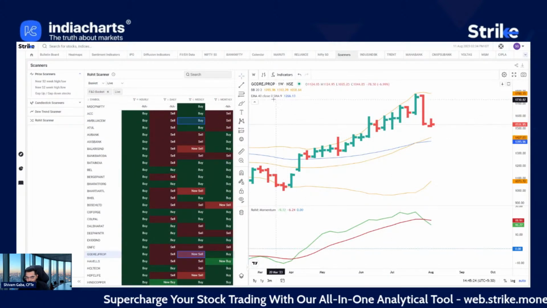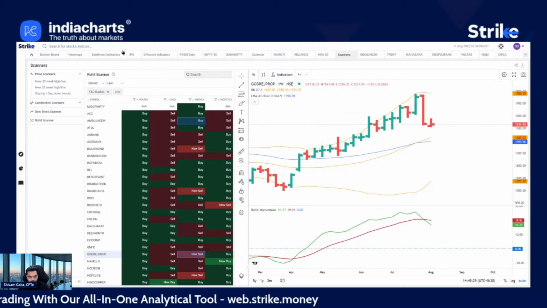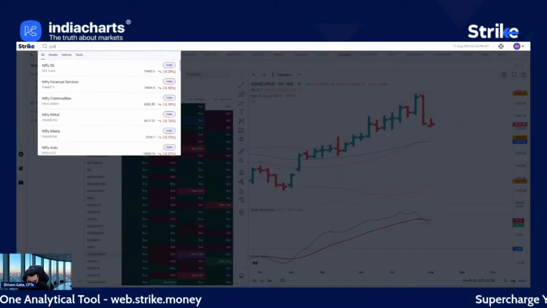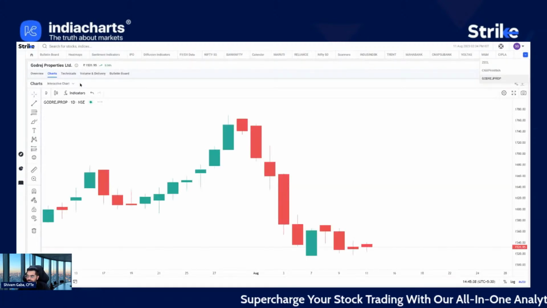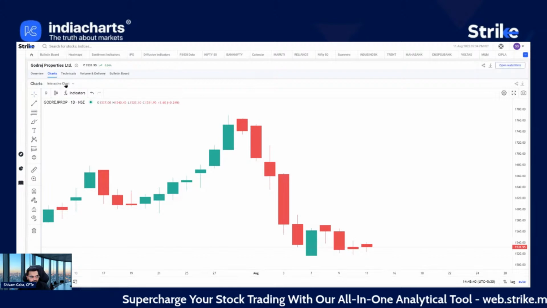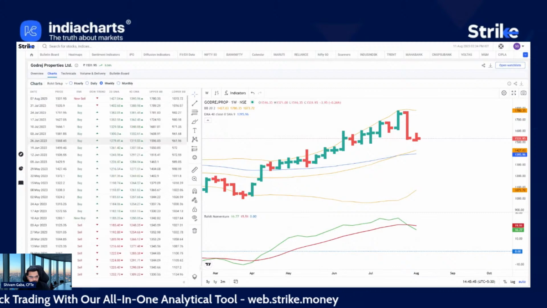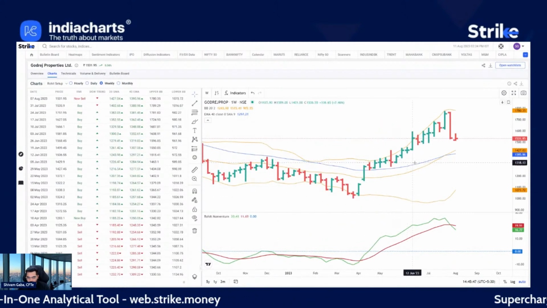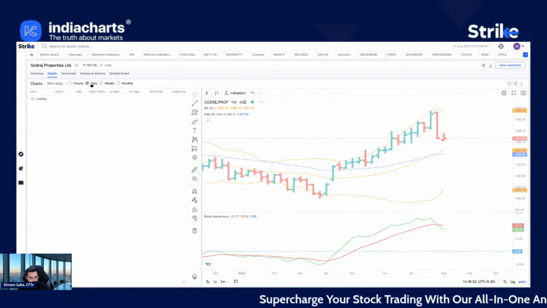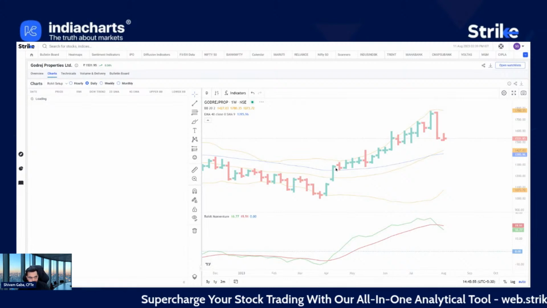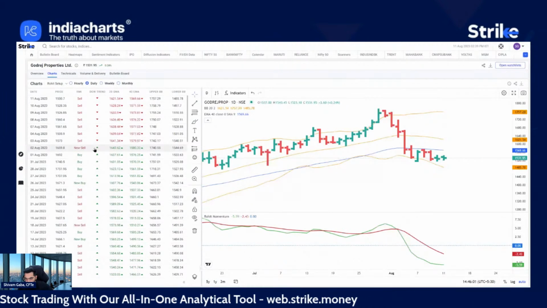So for example, here Godrej Properties has popped up on a weekly sell. We can go to the stock section. On a weekly basis, it is giving a fresh sell signal, and on the daily chart, all the confirmations are already in sell mode.